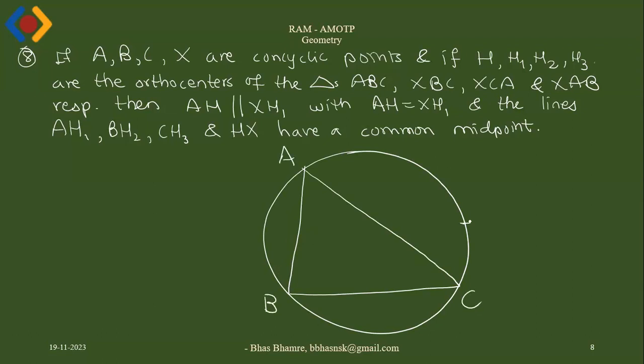X is anywhere. Suppose X is here. I wonder where it works suitably for visualization. Now H is the orthocenter of triangle ABC. Now I am looking for the orthocenter of triangle XBC.